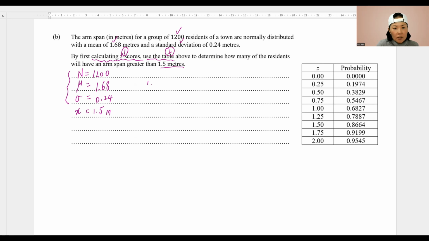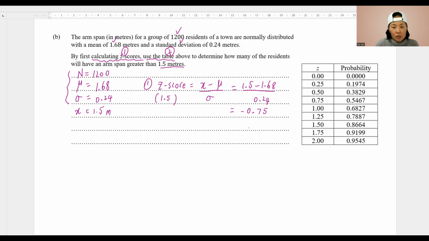So the first step we have to do is find the z-score. Now I'm going to write a formula for this. It's x minus mu over sigma, which is 1.5 minus 1.68 divided by 0.24. Now this is the z-score when x equals 1.5. When you put that in your calculator, you get minus 0.75.